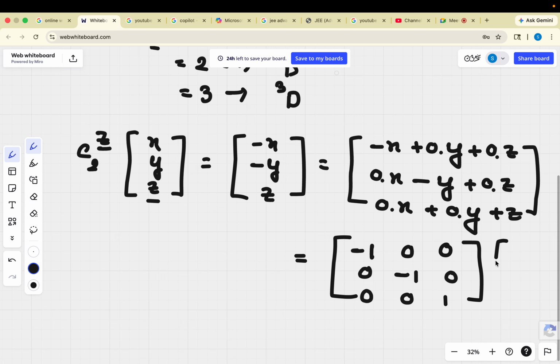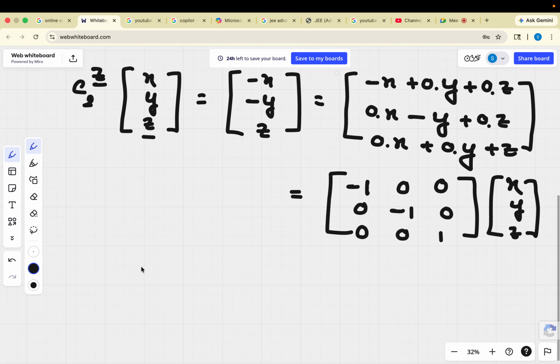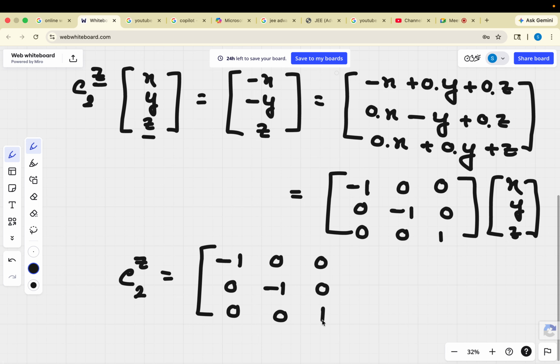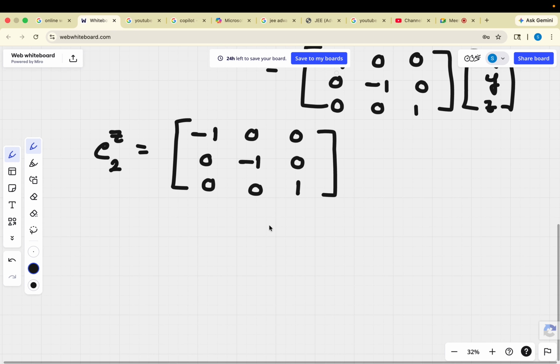So I am getting this matrix. So basically C2Z, the Z value is not changing, but X and Y will change. So I am getting minus 1 0 0, 0 minus 1 0, and lastly 0 0 1. So this is your C2Z matrix.